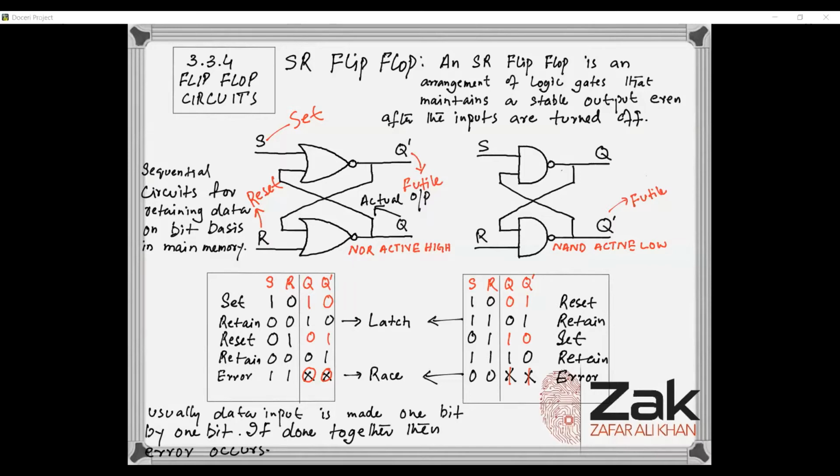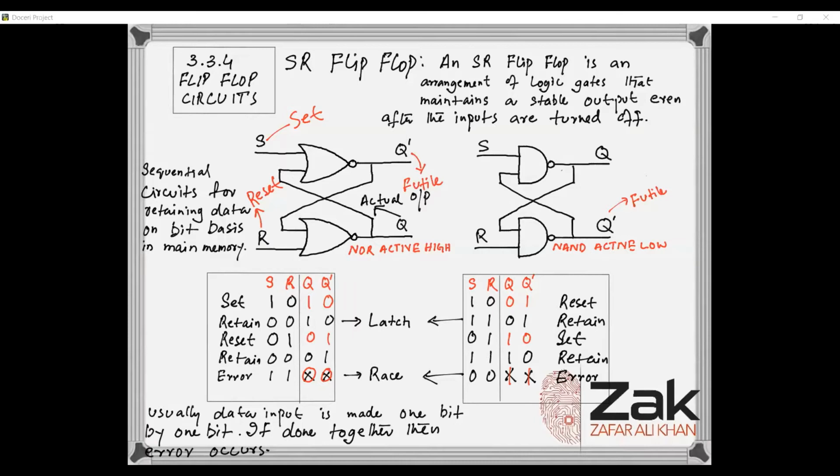It would just have this idea that if Q is 1, Q naught will be 0. If Q is 0, Q naught will be 1. That would be the only way system would have an idea whether the output being produced by this particular bit-based SR flip-flop is correct or not.